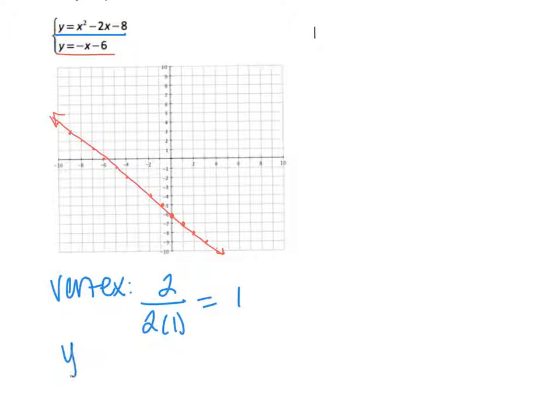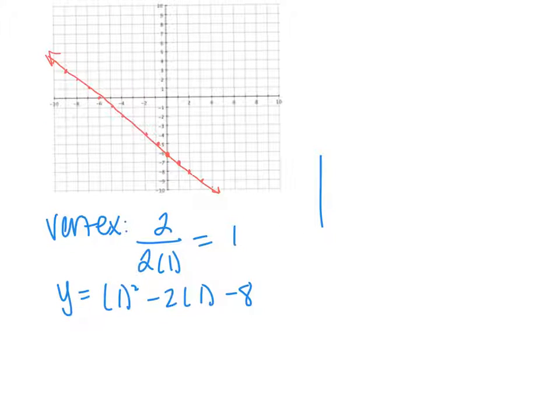I'm going to plug this back in. So the vertex is going to be at 1, negative 9.